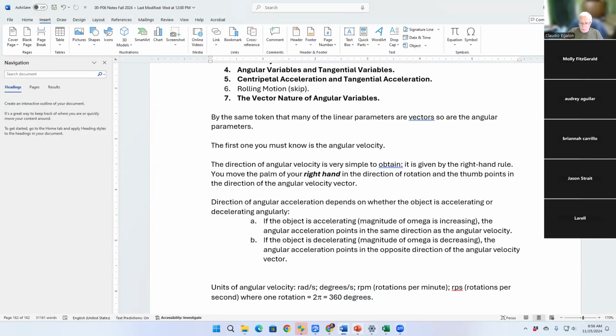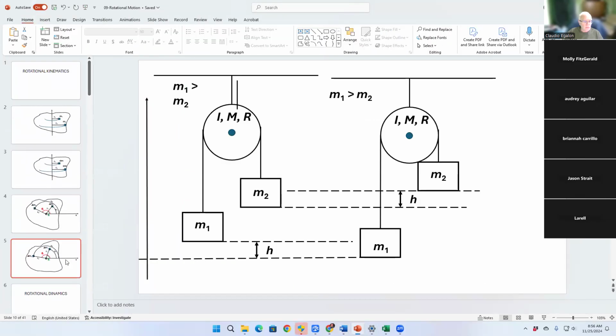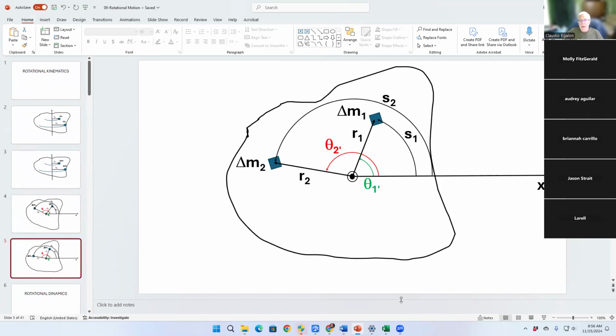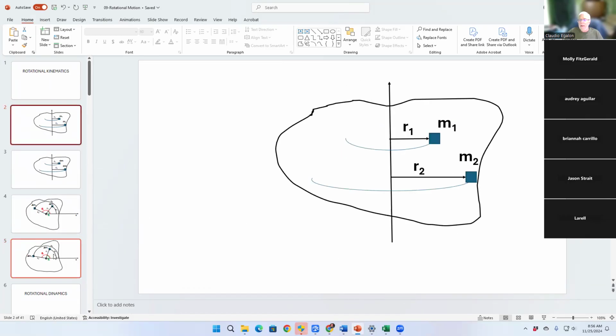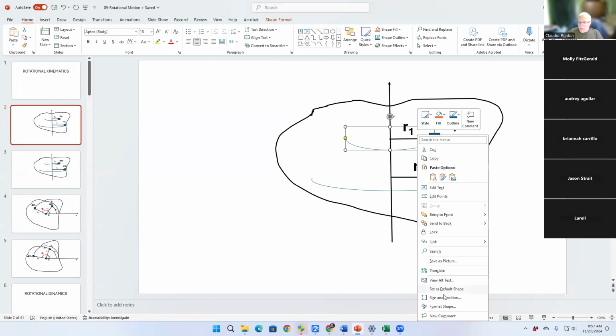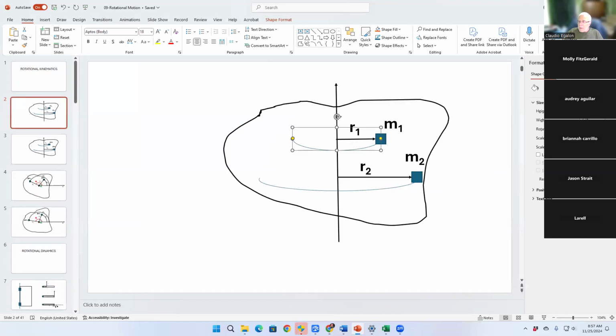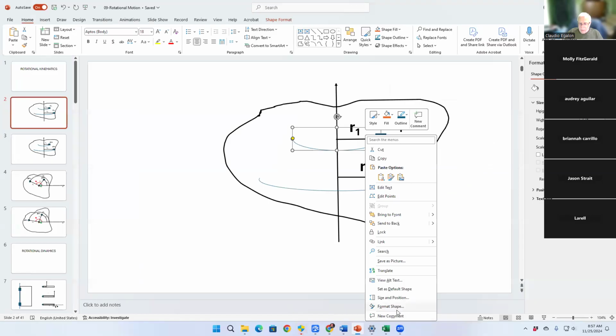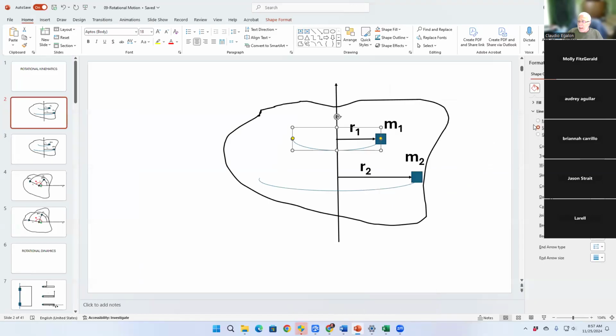There is some illustration here that I'm going to show you. Let's start with this one. Here you go. That's the axis of rotation. The displacement here. Let's see if I can get format shape line.